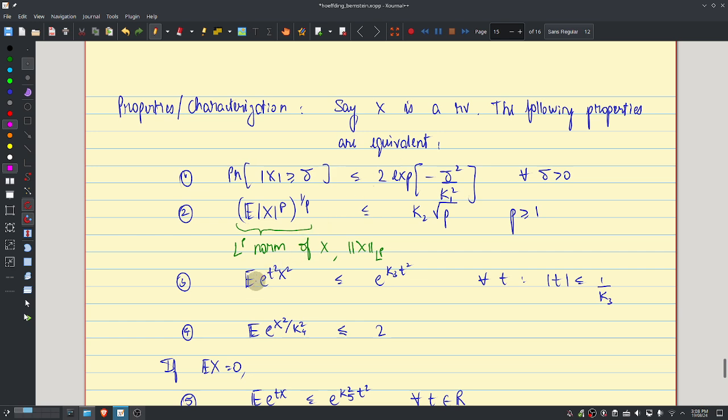Or if the only thing I am able to show is this property, then I know that it is sub-Gaussian, and I get all of the other properties for free. That's why I want each of these properties separately. I want to characterize the distributions or class of distributions based on these 4 or 5 properties.